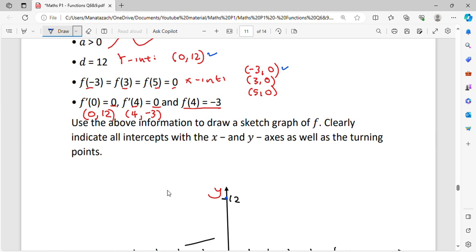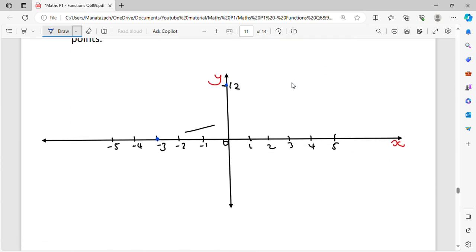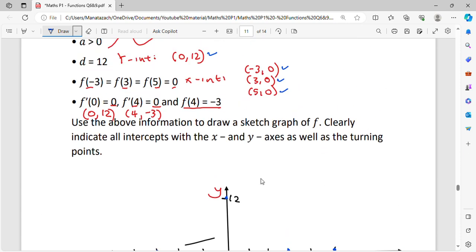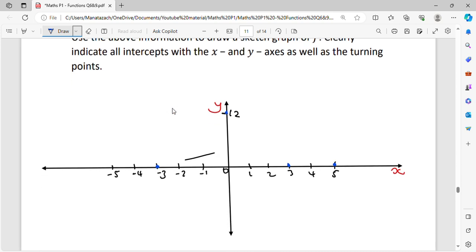We have other x-intercepts at 3 and 5, so we'll mark 3 and we'll mark 5. This will also be our turning point, that y-intercept, and we'll have another turning point at (4, -3). Let's put -3 somewhere here. There's a 4, we'll have a turning point there.